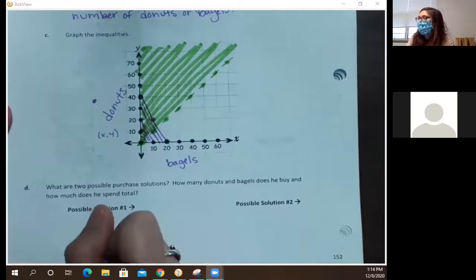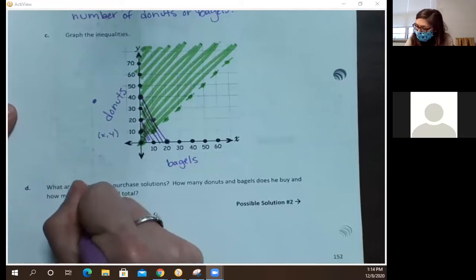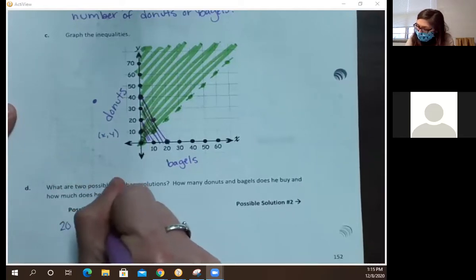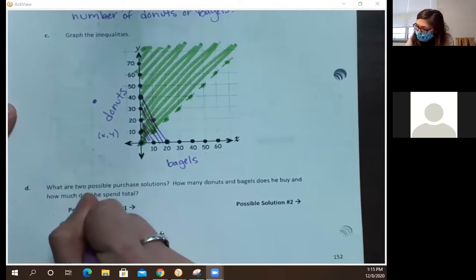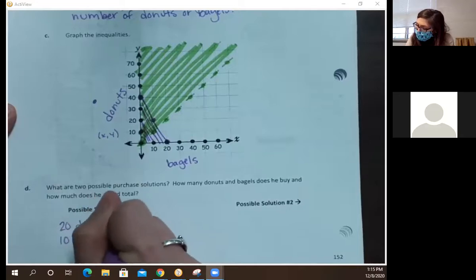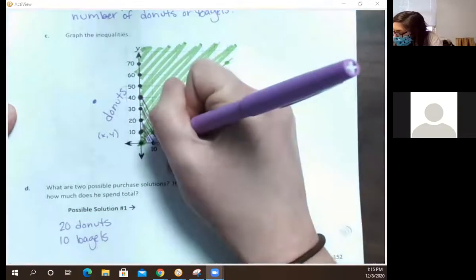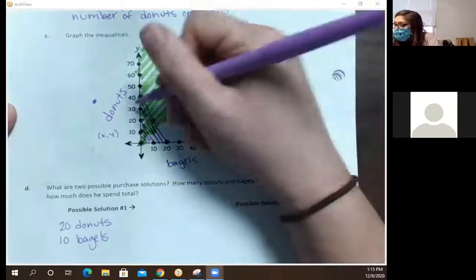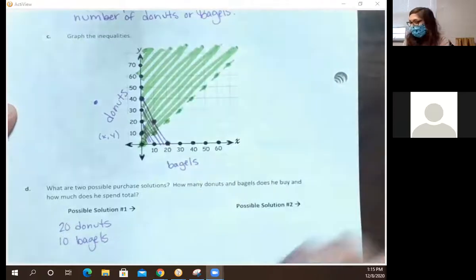Anybody want to give me one option that they had? Number of donuts and number of bagels? 20 donuts and 10 bagels. That would be this point right here. Since it's on the solid line, that's okay. That would work.